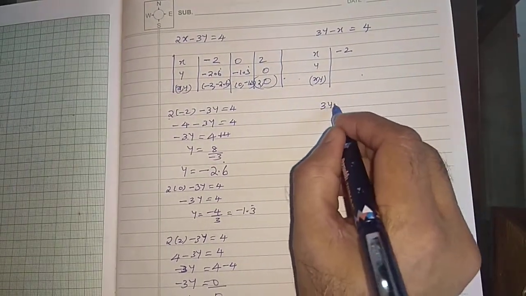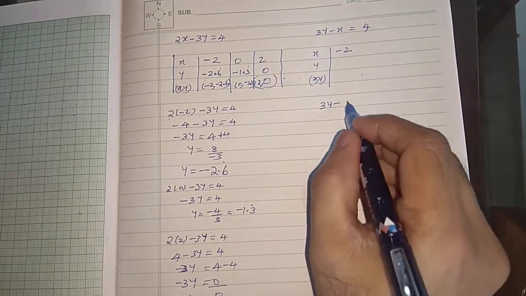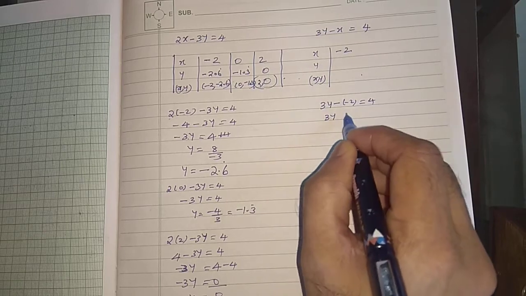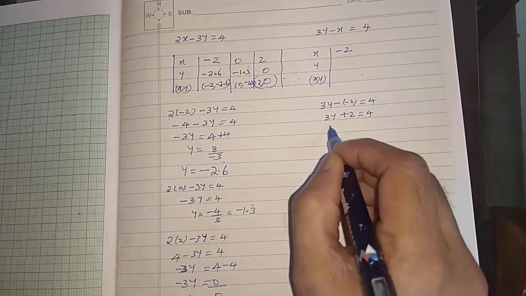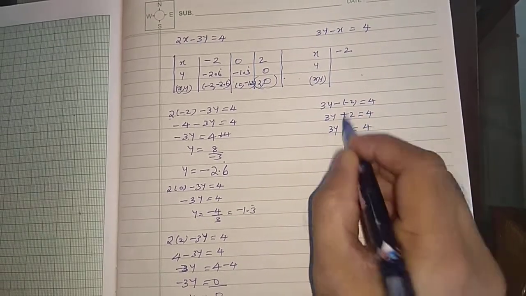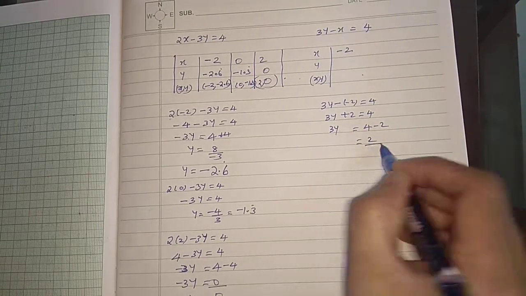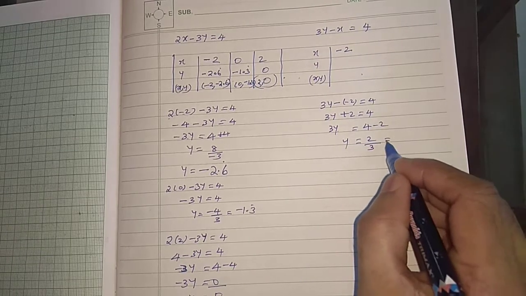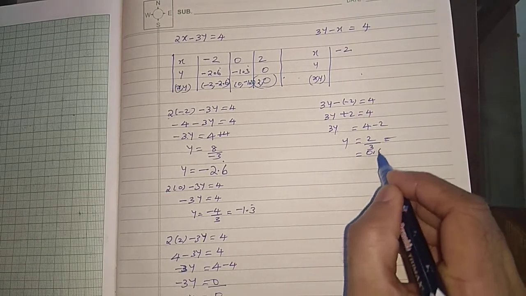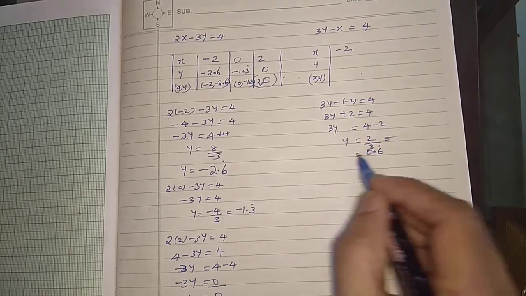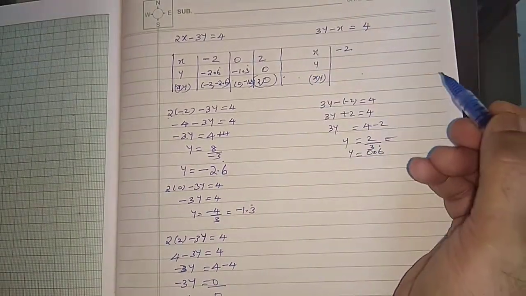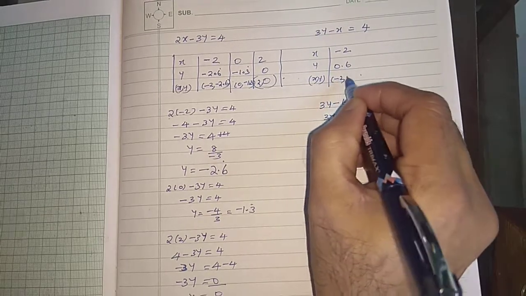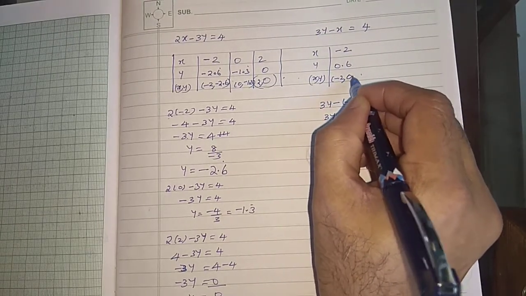Therefore, 3y minus x, x is minus 2, equal to 4. 3y minus into minus, plus 2, equal to 4. 3y is equal to 4 plus 2 goes there, minus 2, which is equal to 2. 3y is 2, y is 0.6666. So here we can take the value 0.6: minus 2 comma 0.6.